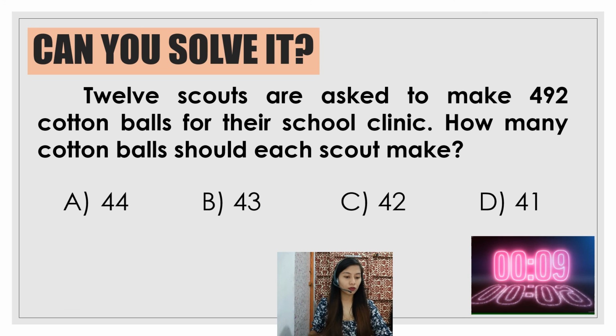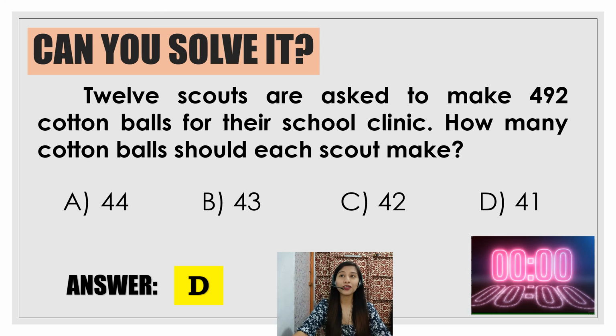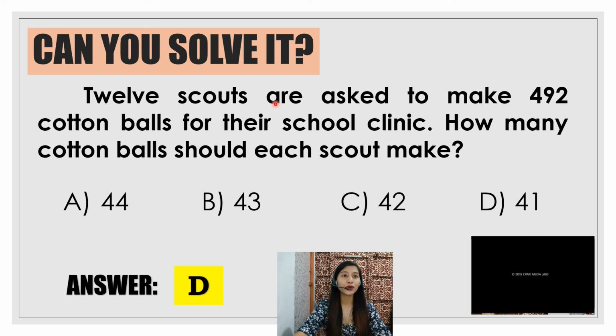Okay, stop. So the answer is letter D, 41. So 492 divided by the 12 scouts. Each scout will have to make 41 cotton balls.